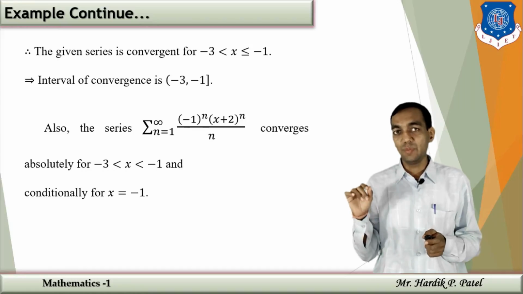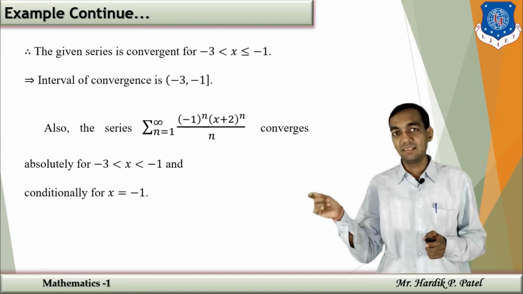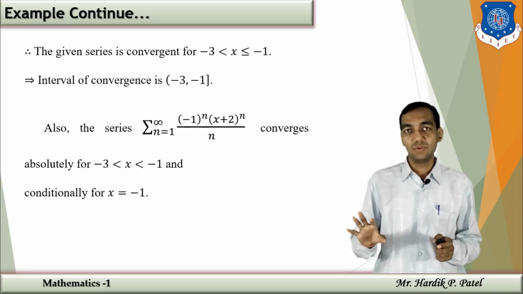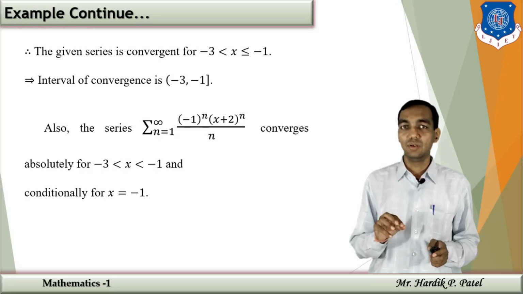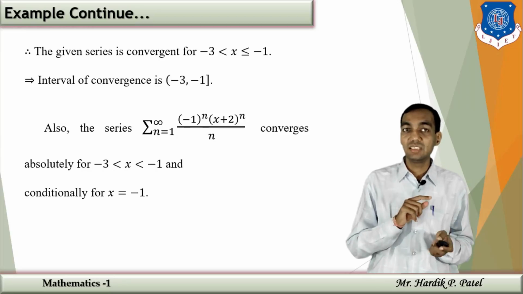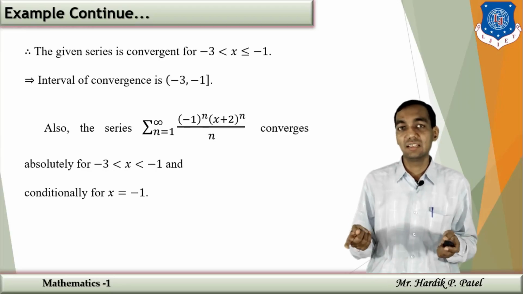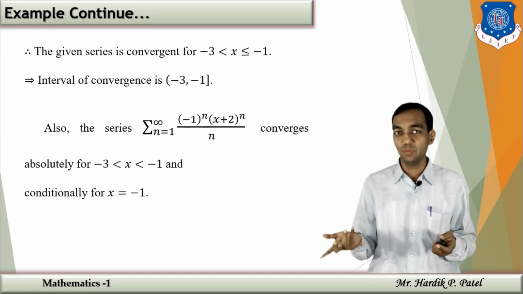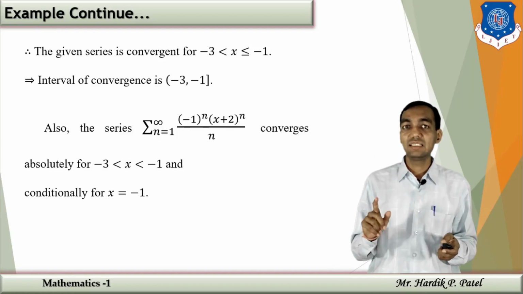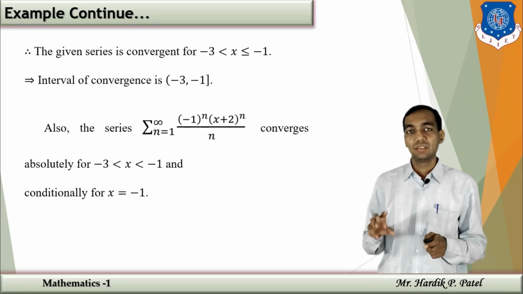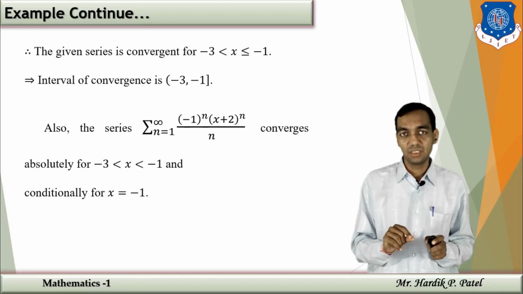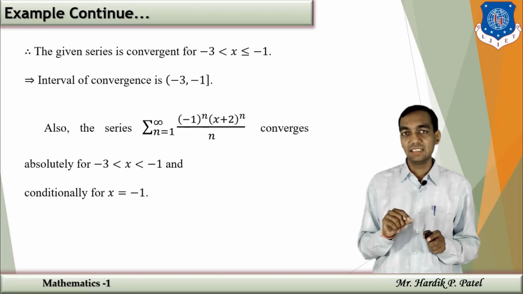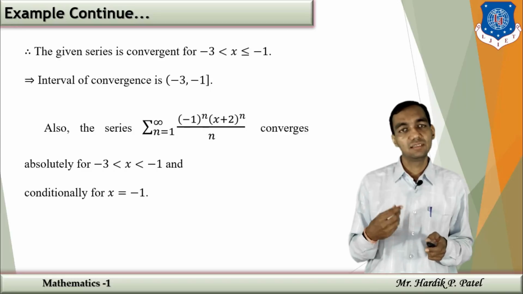But at the endpoints, at minus 3 your series is divergent, and at minus 1 your series is convergent. At minus 1 your series is convergent, but its mod series is divergent, because the mod series is going to be 1 upon n, and it is divergent, so it is conditionally convergent. That means from minus 3 to minus 1 your series is absolutely convergent, and at the point x equal to minus 1 your series is conditionally convergent. Okay.